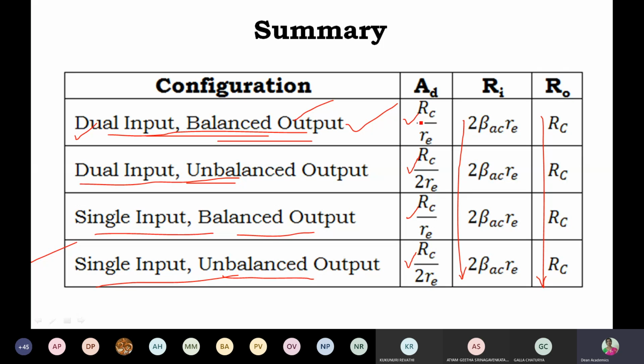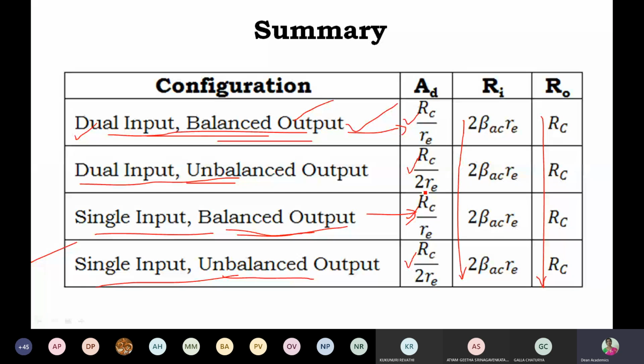For the third configuration also, output is balanced output, therefore RC by RE. Here also balanced output, RC by RE. If the output is taken at single end, gain is equal to half of the balanced one, that is, RC by 2 RE.